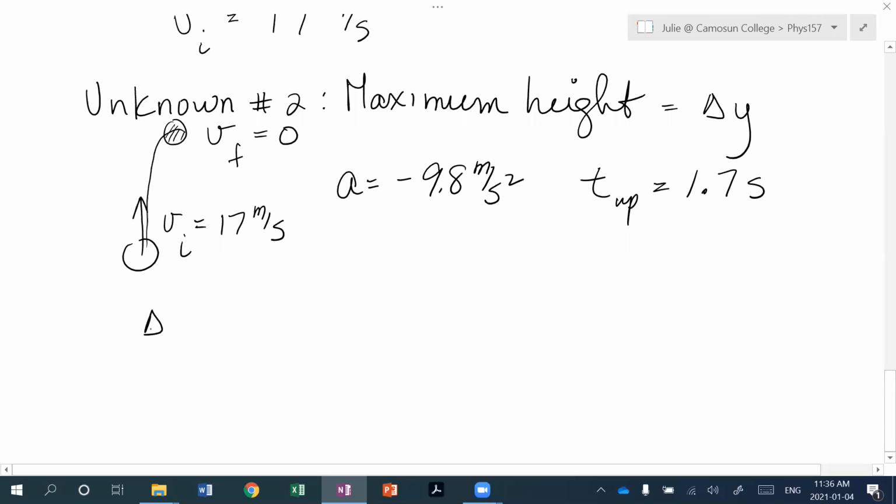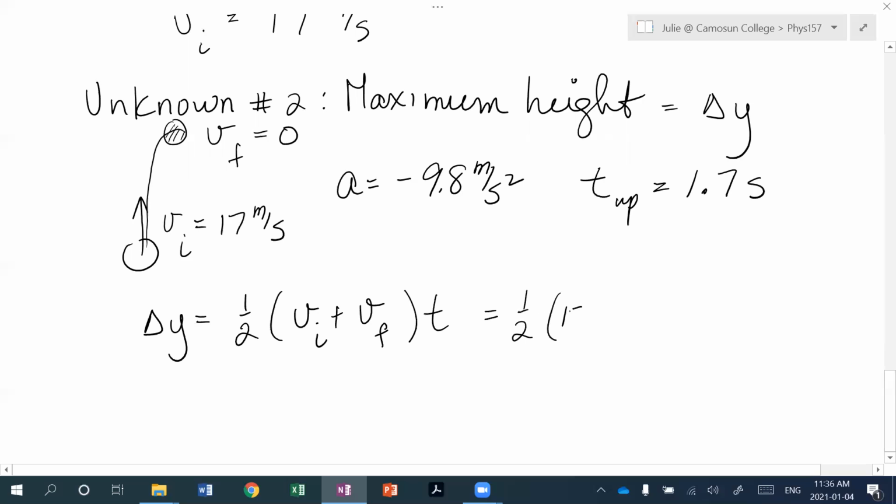Actually, this one probably is easiest. Delta Y is 1/2 VI plus VF times T. So 1/2 of 17 plus 0 times 1.7. And that should give the maximum height here, 14 meters.